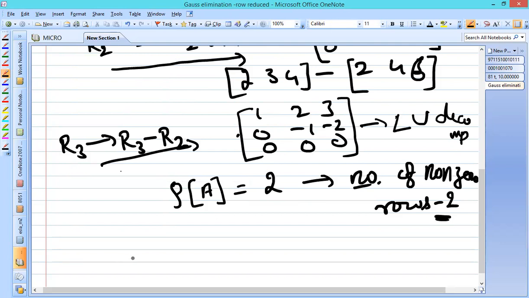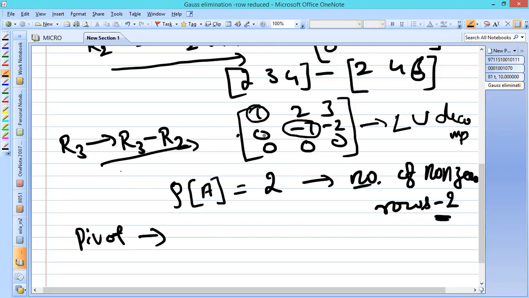And can you tell me what the pivots are in this matrix reduced form? What is the definition of pivot? In the last class I told the definition of pivot. Pivot is nothing but the first non-zero entry in each row in the row reduced form. If you consider the first row, the first non-zero entry is 1, and in the second row the first non-zero entry is -1.